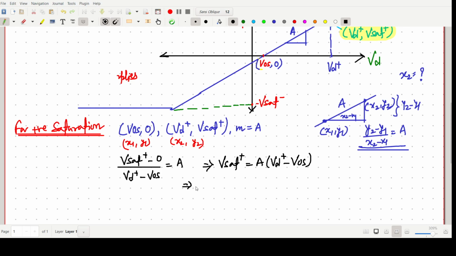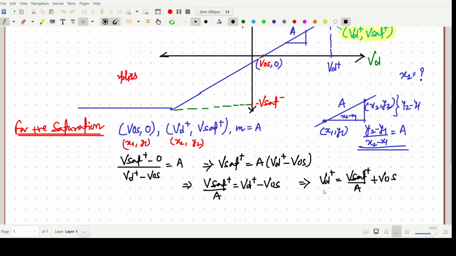So we can write Vset plus by A. Suppose if we divide with A, it will be Vd plus minus Vos. So once again we can write Vd plus equals Vset plus by A plus Vos.